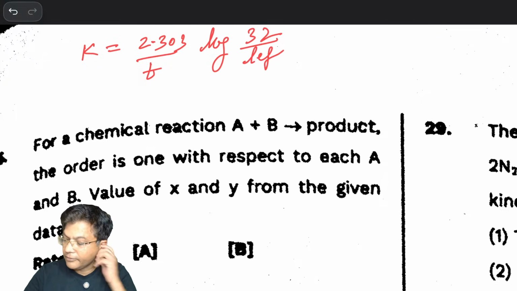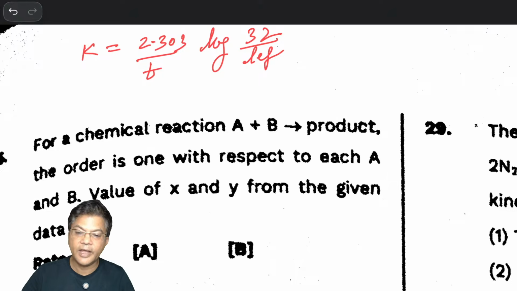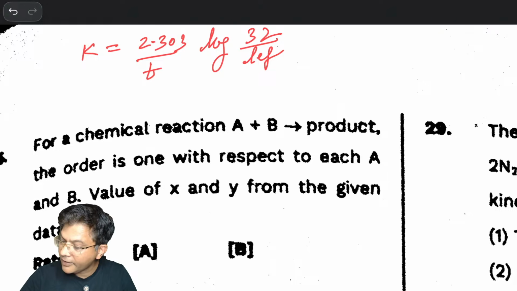Now time they have given, and t half relation they have given.